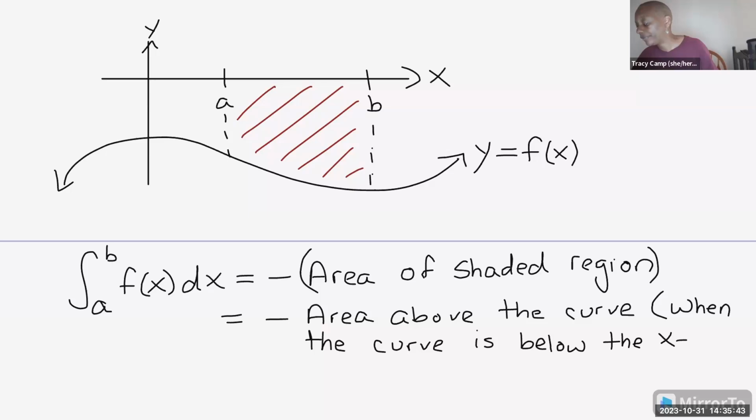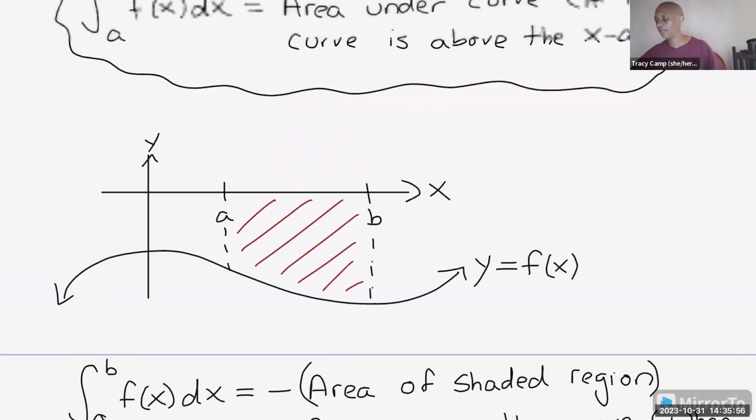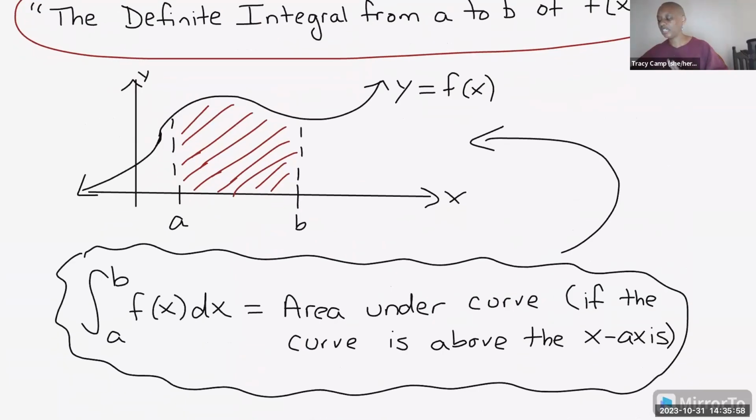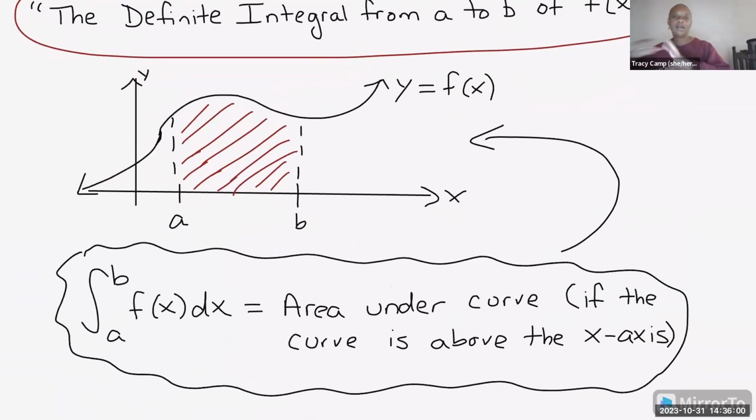Now, the reason for this will hopefully make sense at some point next week, or maybe the week after. But for now, I want you to think of this initial idea of having this curve above the x-axis, and when that happens, the definite integral represents the area underneath that curve from x equals a to x equals b.